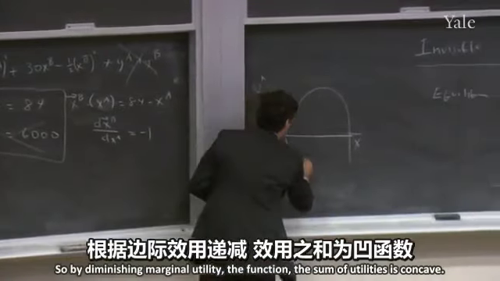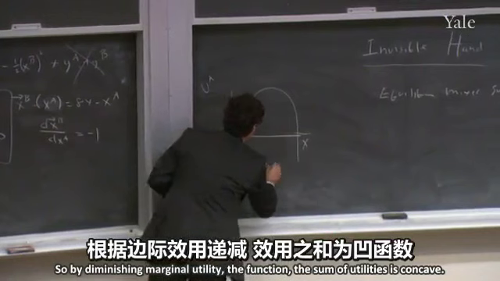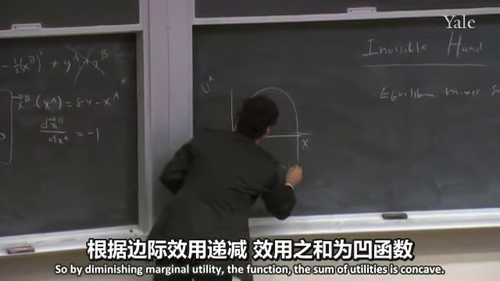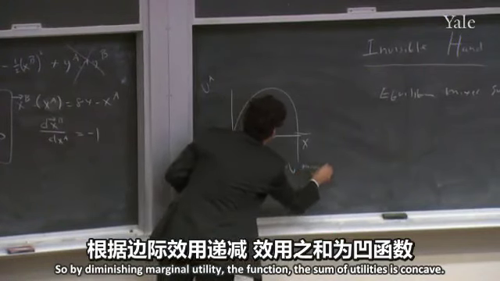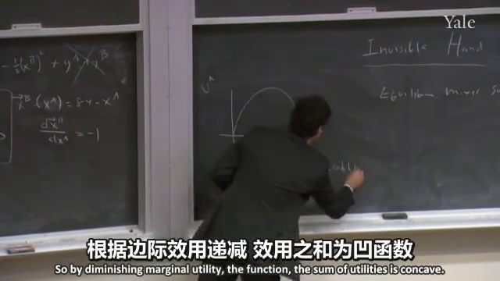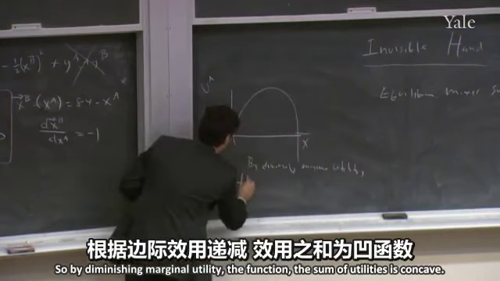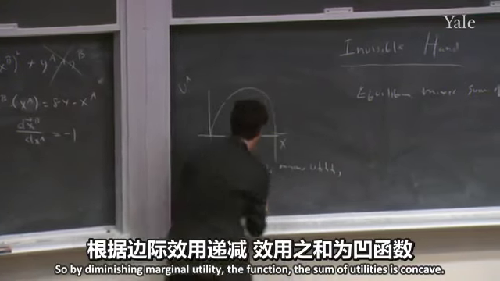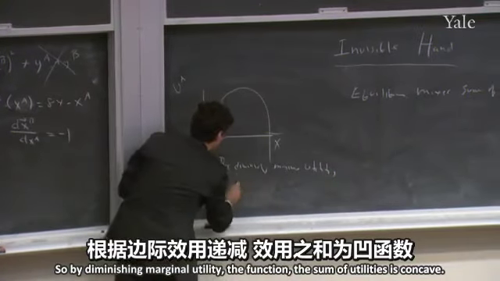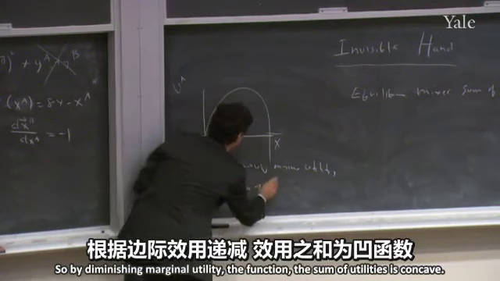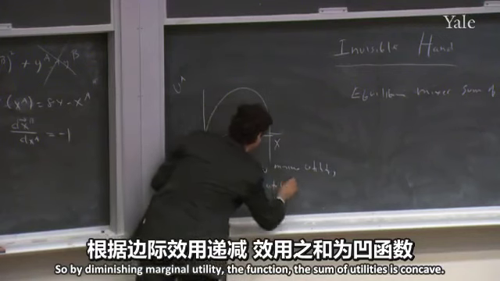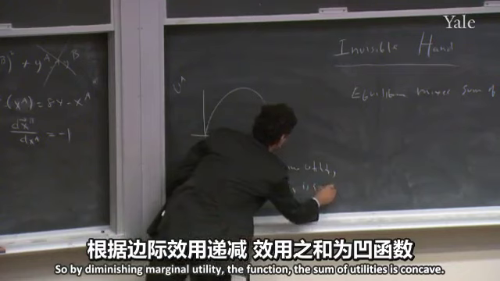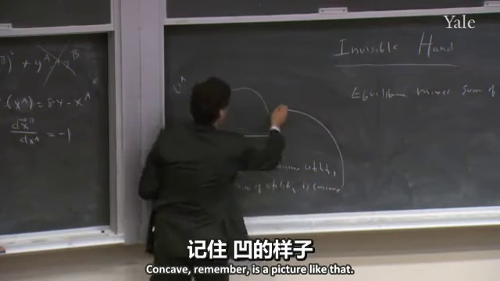So by diminishing marginal utility, the sum of utilities is concave. Concave, remember, is a picture like that.